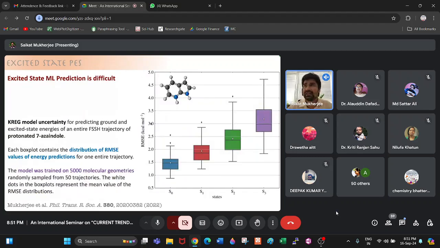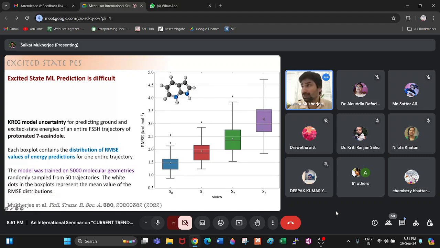The second thing is that learning excited states is very difficult, because for the ground state there are a lot of well-defined electron densities, but in the excited states, electron densities are exotic. As you can see, these are all the root mean square errors between the machine learning potential and the quantum chemistry potential for the S0, S1, S2, and S3 states of this molecule.